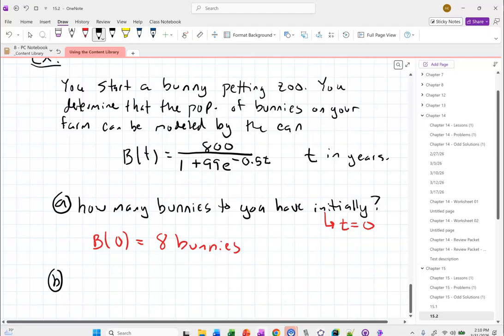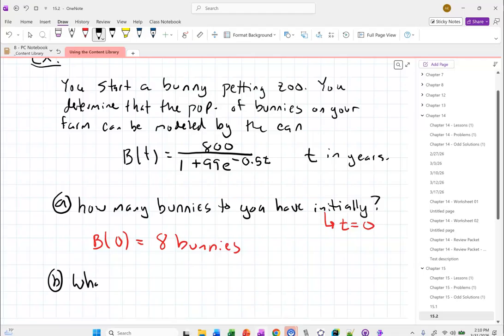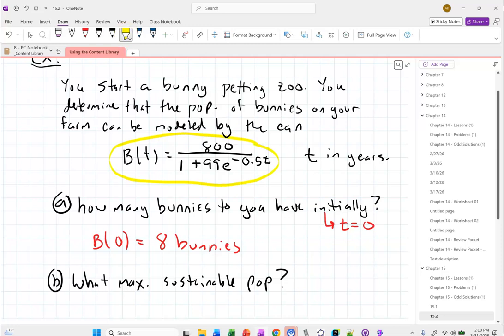Part B asks, what is the maximum sustainable population? Now, if you remember from 15.1, a logistic equation, which is something that looks like this, has 2 horizontal asymptotes. One of them is at y equals 0.